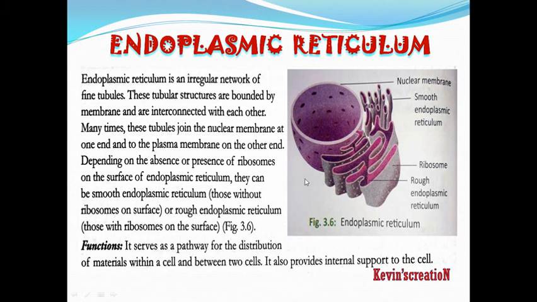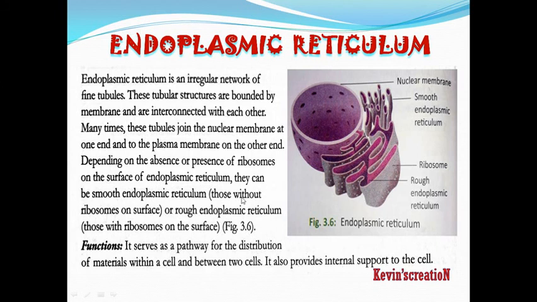Okay, so if they are present, they are called rough endoplasmic reticulum, and if these ribosomes are not present, they can be called as smooth endoplasmic reticulum or smooth walled endoplasmic reticulum. So depending on the absence and presence of ribosomes on the surface of endoplasmic reticulum, they can be either smooth or rough.